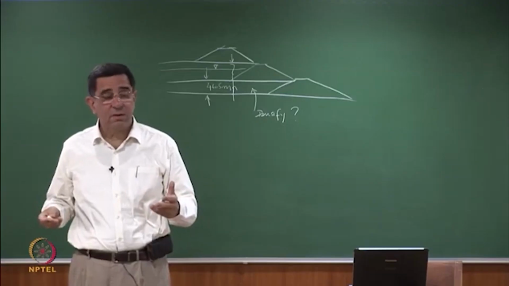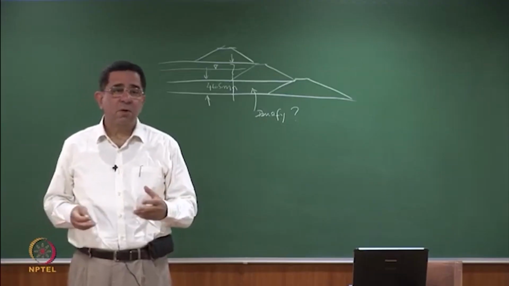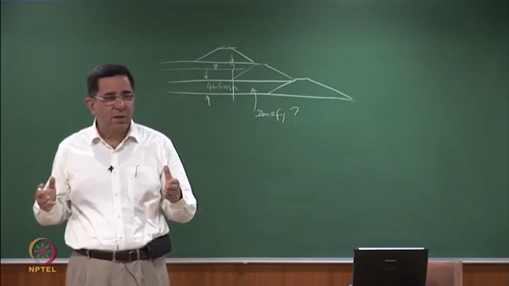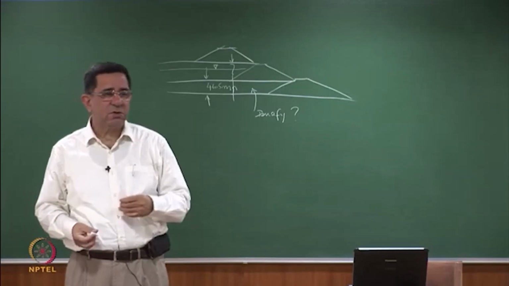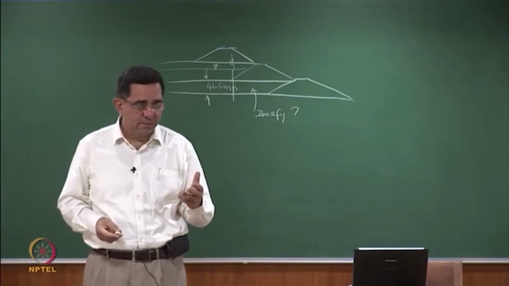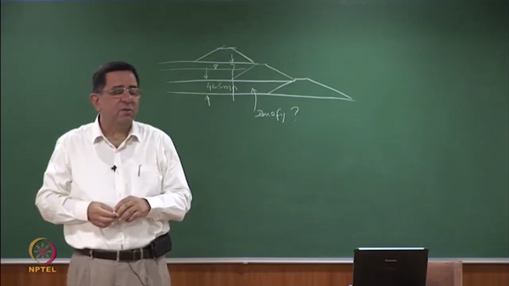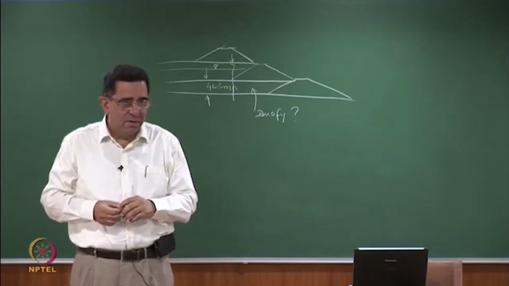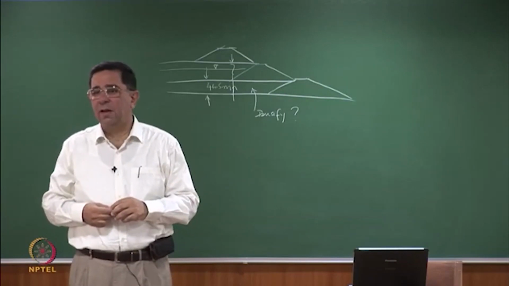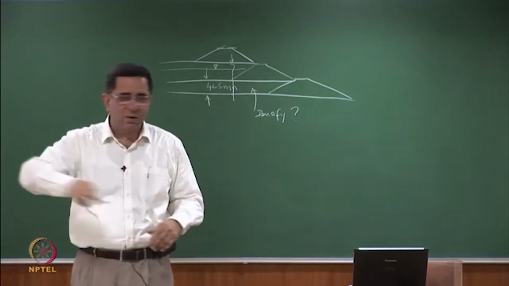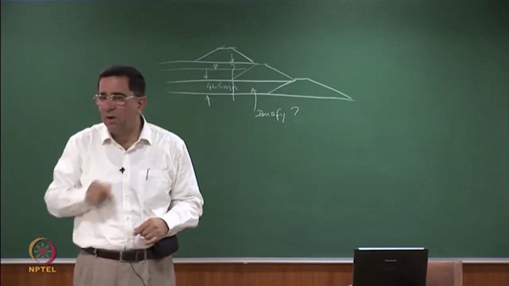Please be clear about it. You know, your pressure bulb, no matter what the weight, if the width of the footing is B, then the significant increase in pressure is up to 1.5 to 2B. We all know that. Now when you have a roller, the area of contact is very small. When you have a roller, in a perfect rigid subsurface and a circular roller, you will have a line contact.